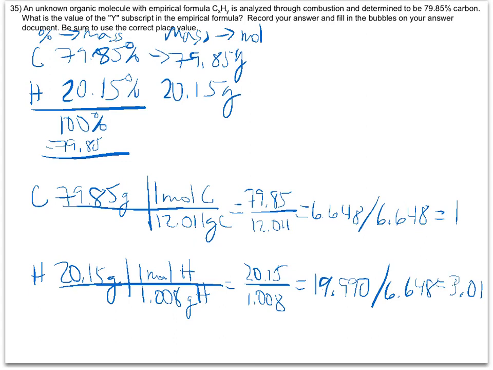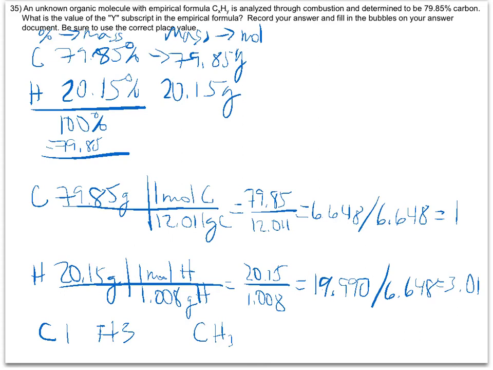So this is another situation where we don't have to multiply by a whole number, because 3.01 is basically 3. So we know that we have 1 carbon, and for hydrogen we have 3 of them. So our empirical formula is CH3.